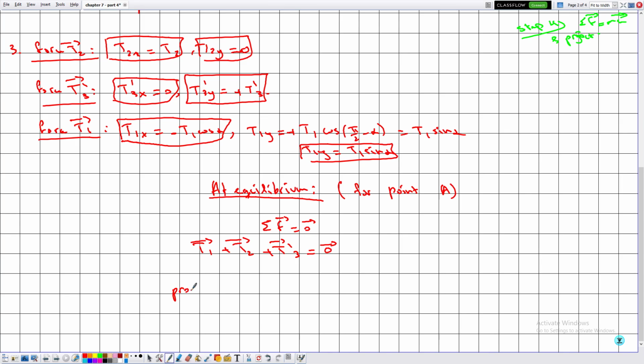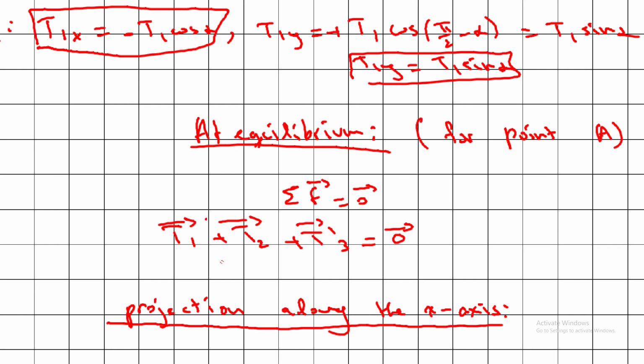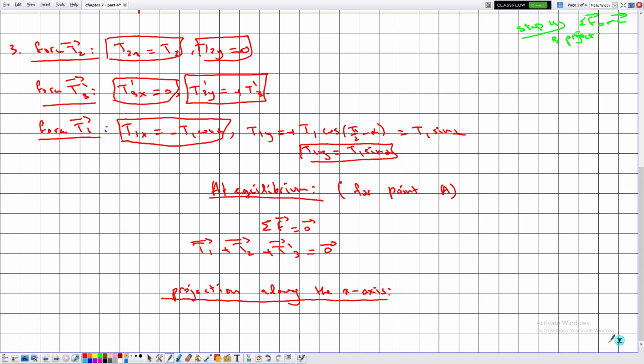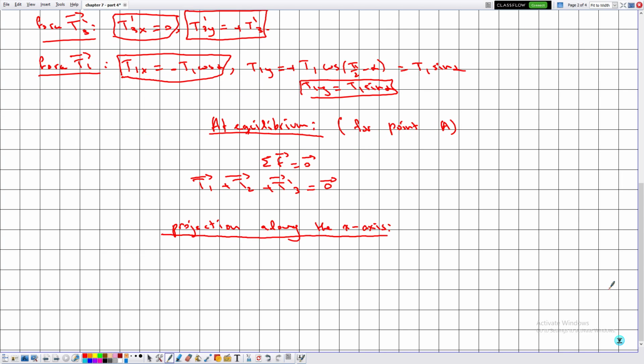So projection along the x-axis. In this case, we drop down the vector quantities, and each vector quantity will carry the label x. Then we have T1x plus T2x plus T prime 3x equal to 0.